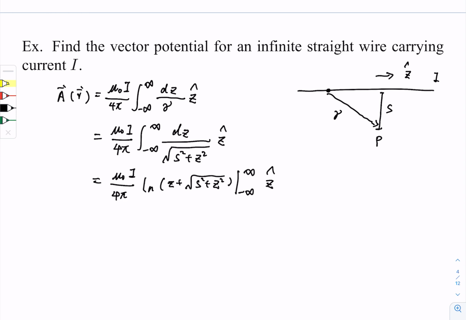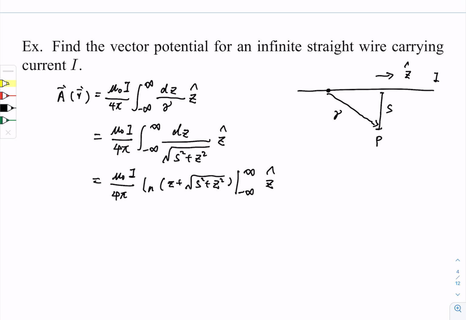Because if you plug in the infinity and the minus infinity, this expression is indeterminate, and so somehow we only know that the vector potential should be along the z-axis, and we don't know how this vector potential looks if we simply use the expression above. So what we can do next is to use our requirements.